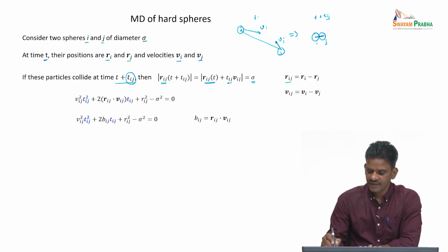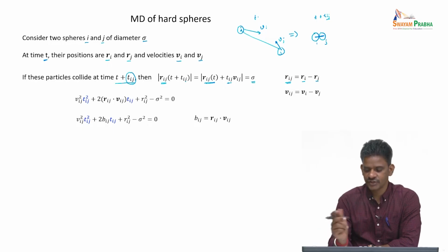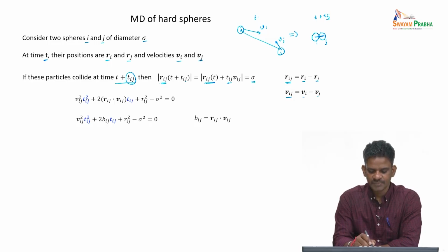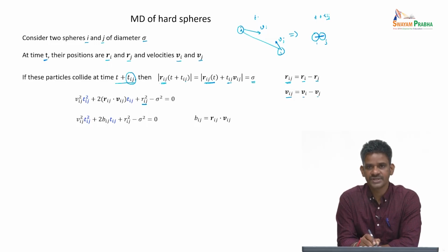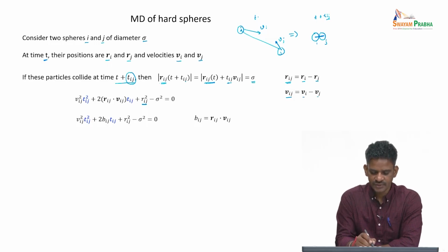In this expression, Rij is Ri minus Rj, the separation distance vector between i and j, and the relative velocity Vij is Vi minus Vj. So now we need the absolute value of this vector. When you solve this equation, you see that this gives Rij squared, the magnitude of the separation distance, and sigma squared is taken to the left-hand side, giving minus sigma squared, and then you have a quadratic expression in Tij.